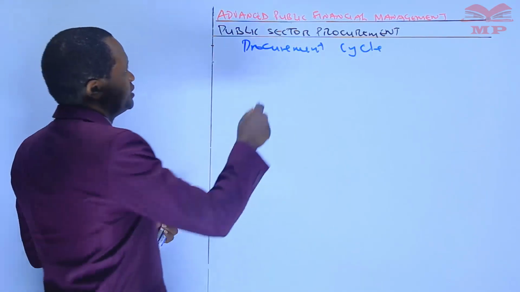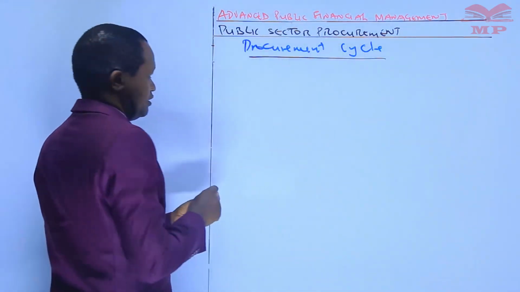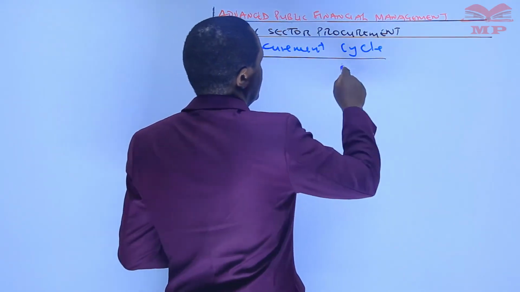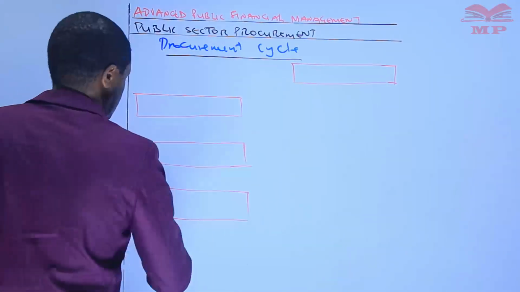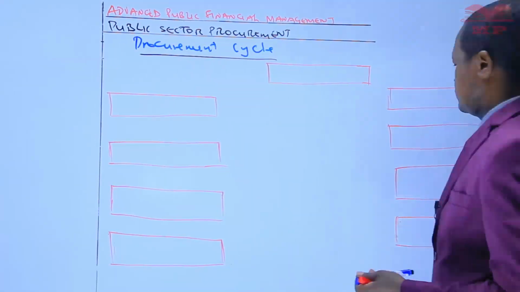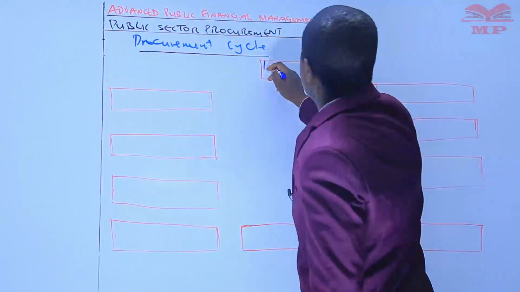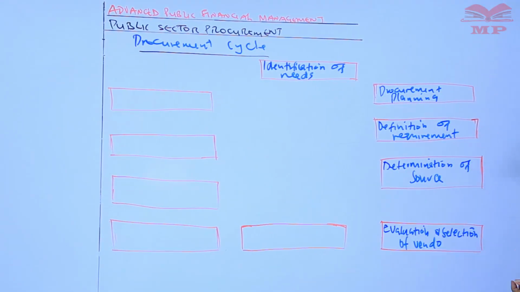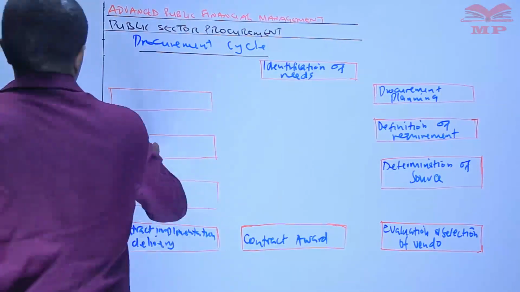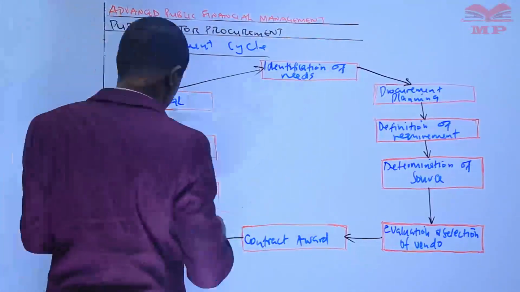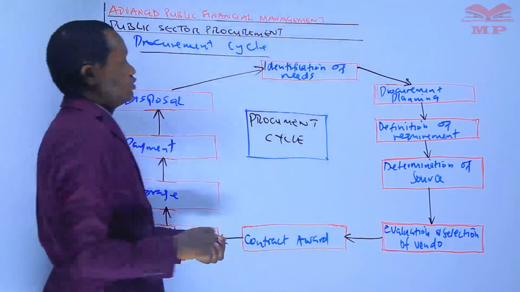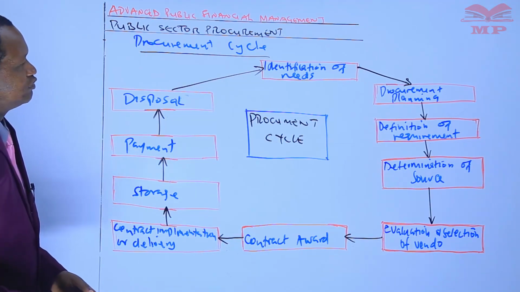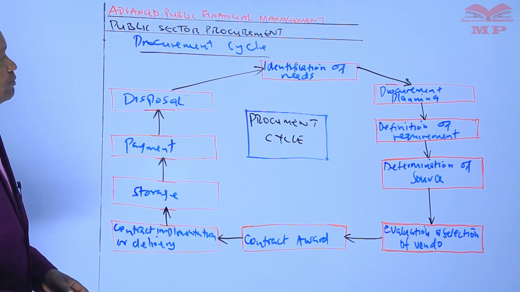And if there are 10 steps, then I will have a diagram that appears as follows. So, candidates, that is a diagrammatic description of a procurement in the public sector.